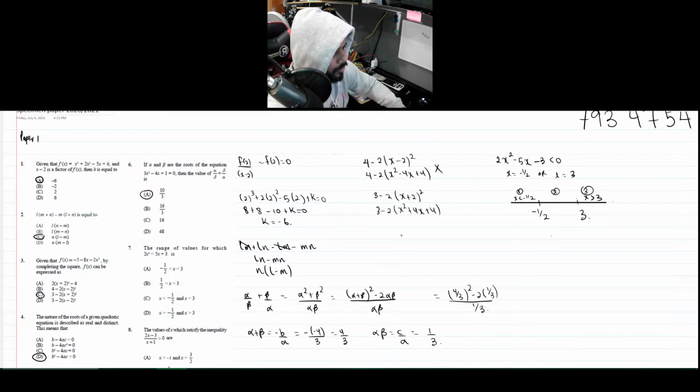X is less than minus a half. Oh no, 2 will be satisfied because I changed it, sorry. Whew. Right, because minus 3, so 2 is satisfied. So the answer will still be minus a half is less than x is less than 3.